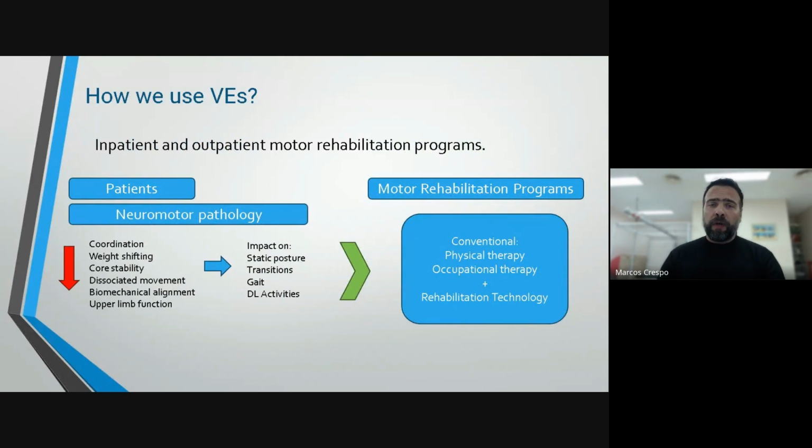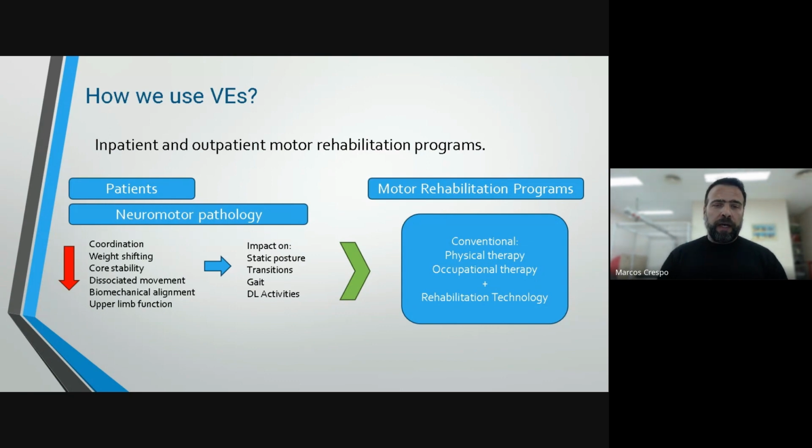We have inpatient and outpatient programs in motor rehabilitation. Of course, when I talk about motor rehabilitation, it is not only motor rehabilitation; all the cognitive and sensory processes are also involved in the programs. But I will focus in this presentation on the motor issues that our patients have.